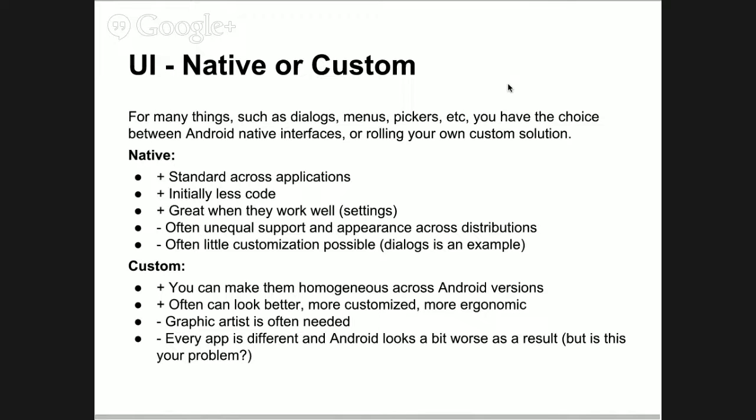Okay, let me give you another example. The time and date picker. There is a default one on Android, where you can either pick a date or you can pick a time. There is no joined date time picker, at least as last I checked. And it works in a certain way. I don't know, because I always avoid using it, but I think it has this sort of spinner for the minutes, etc. Or else you can do your own UI.